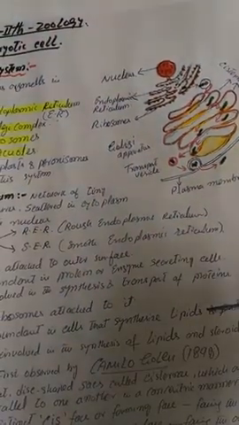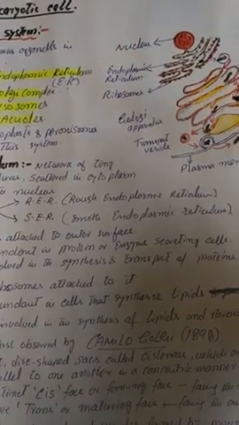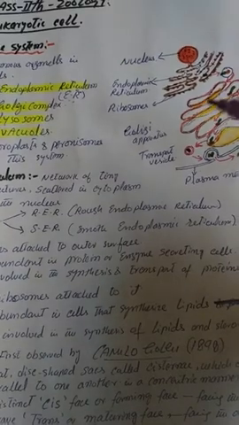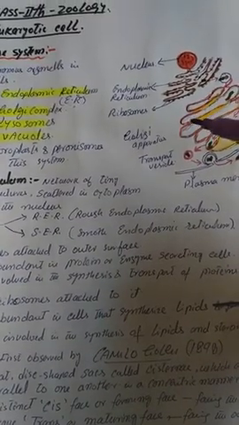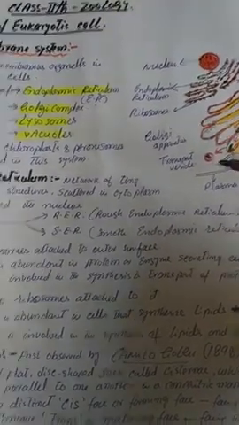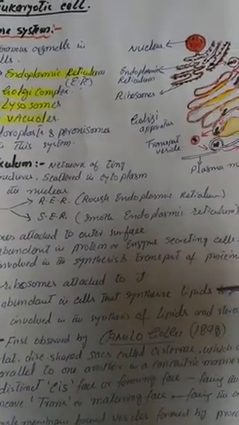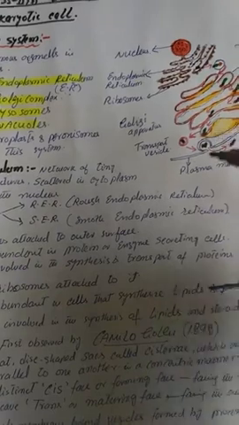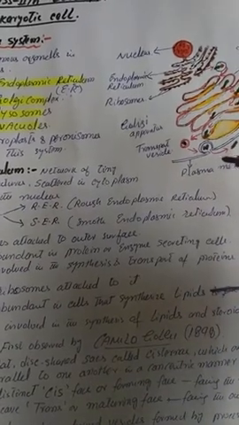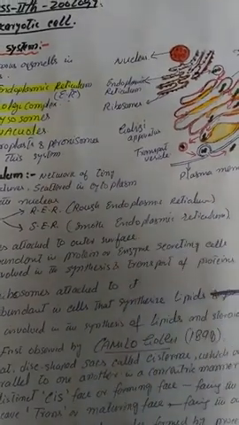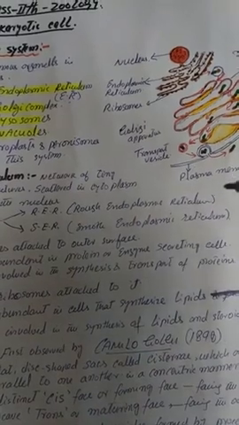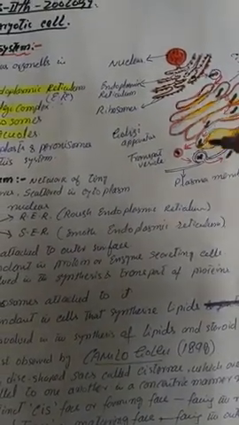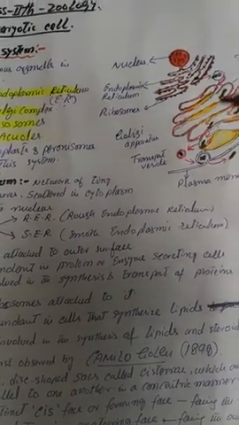After the lysosomes, the fourth and the last component of this endomembrane system are the vacuoles. Now, vacuoles are membrane bound spaces present in the cytoplasm. The single membrane boundary of the vacuoles is called the tonoplast. This question is often asked in multiple choice questions.